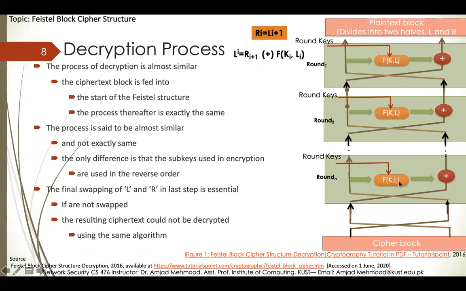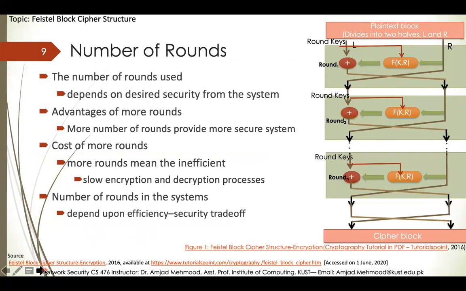This decryption process is performed by the receiver, and the process which I showed in my last slide is performed by the sender. Now, the number of rounds. As I mentioned, there is no restriction in a Feistel block cipher, because this is not a specific model like DES, the Data Encryption Standard, which is a specific model.